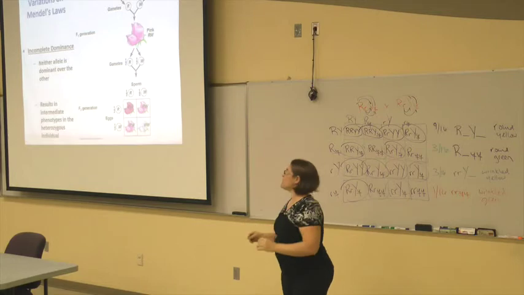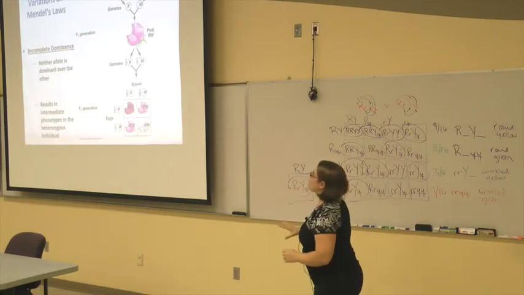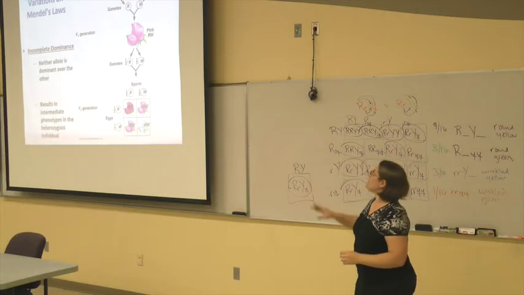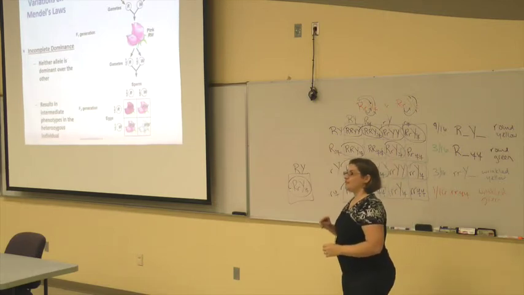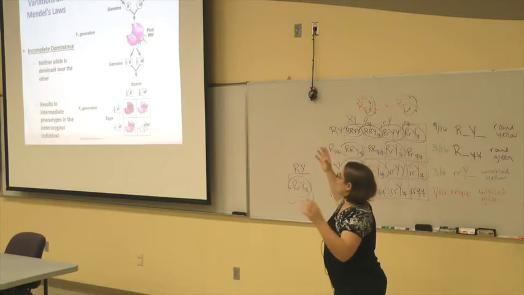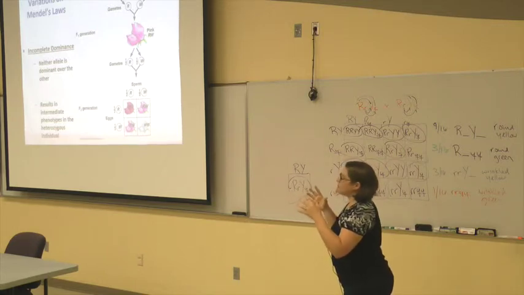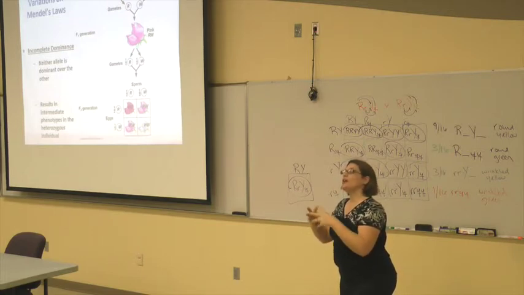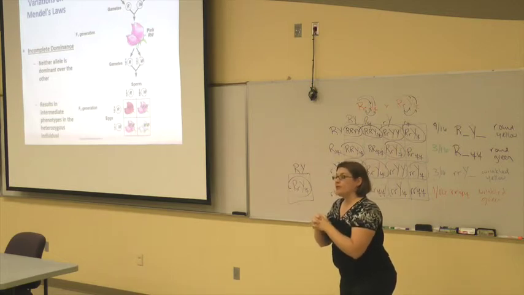Okay, so in this case, we've got one true breeding red flower, big R, crossing with a true breeding white flower, WW. Okay? And when you bring that big R and that big W together, because of incomplete dominance, neither allele being dominant over the other, you get a new phenotype. That's a blending of those two genes.